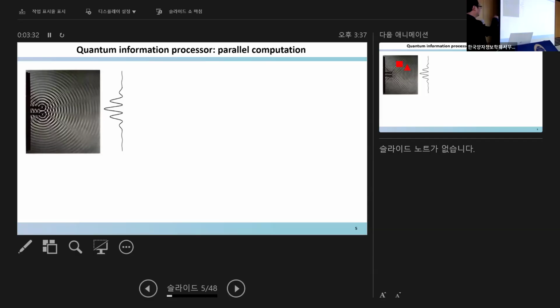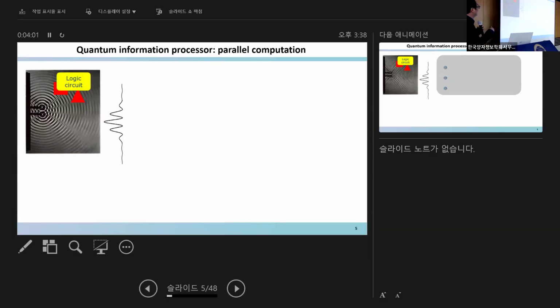We're going to have a pretty high probability at the center of your screen here. But if you locate rectangle or triangle boxes somewhere in time and space, the interference pattern of the wave will change, and we get a different location as the answer, right? So then the question is, what kind of practical algorithm is out there by putting those boxes in time and space correctly? That's what we would like to do.